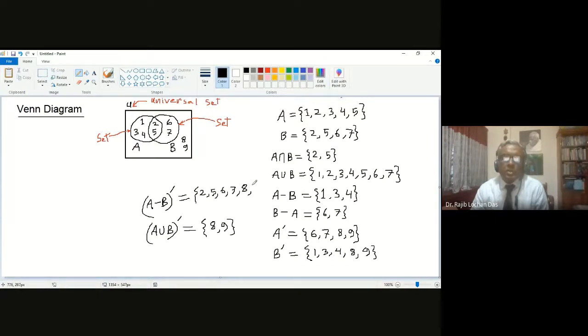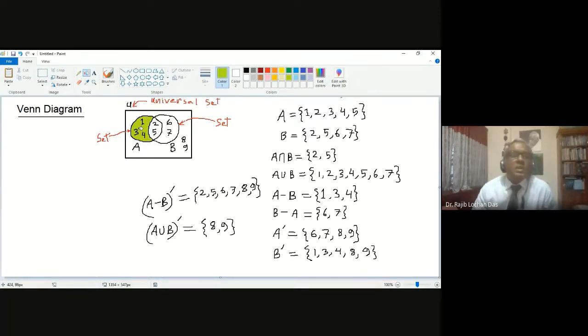Because you will not take A minus B, you will be outside of A minus B. So what is A minus B? A minus B is this part.